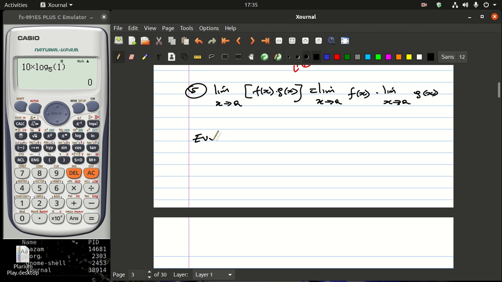The question is, evaluate the limit as x approaches 0 of (x squared minus 1) times pi to the power x. To solve this, all you need to do is realize that there is multiplication there and treat this one thing as a separate function, and this one here as another separate function.